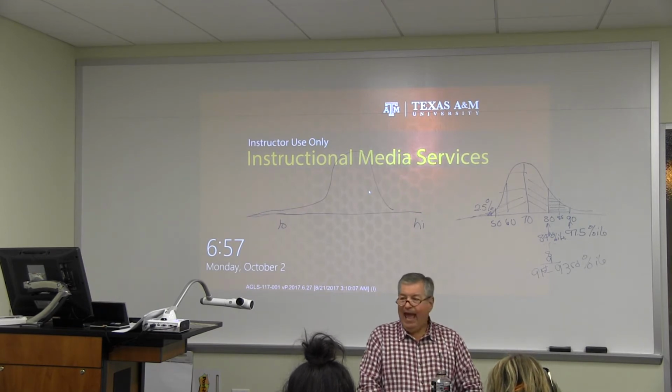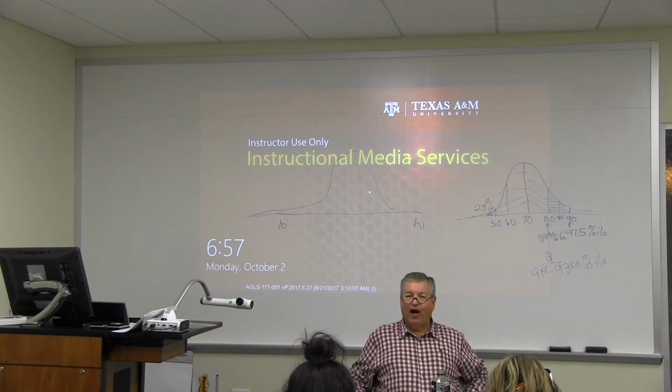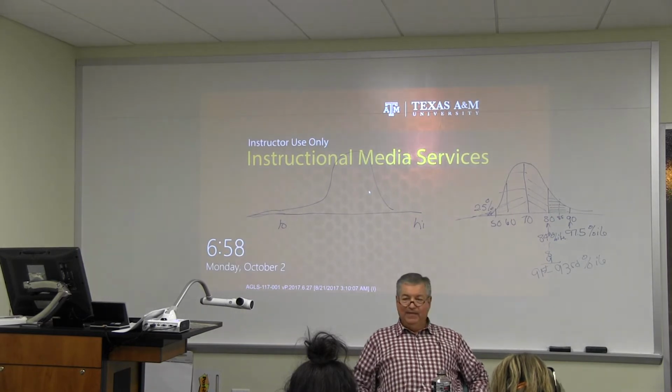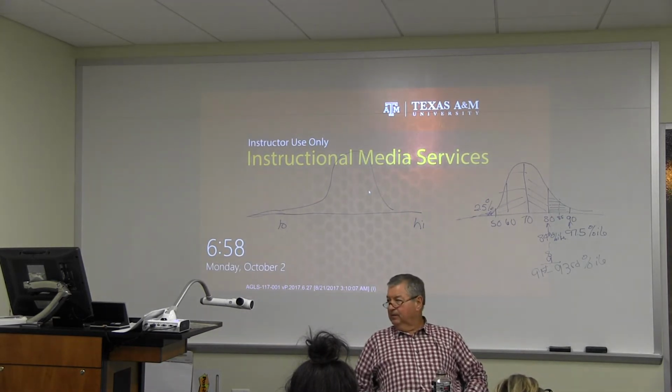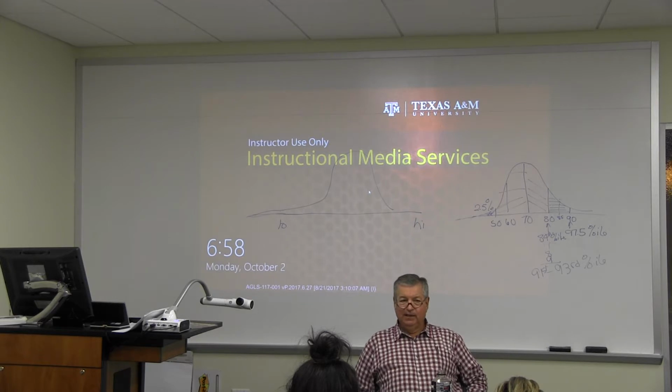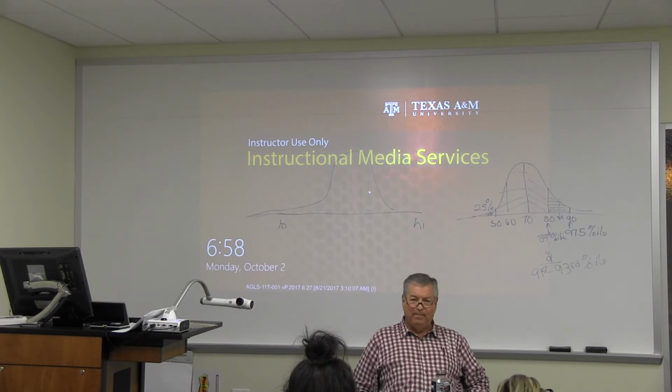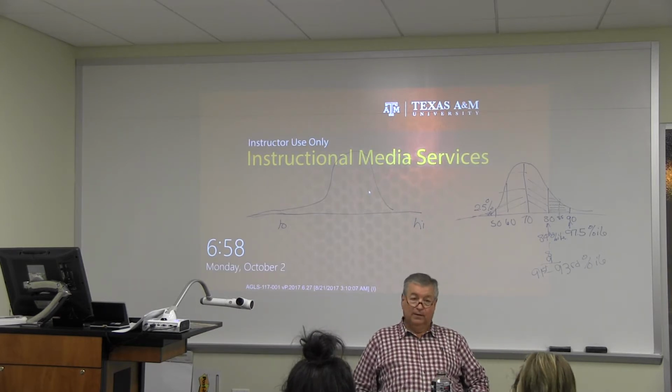Now, what is the probability that we take a sample of some population and the mean that we get for that sample is exactly the population parameter mean?